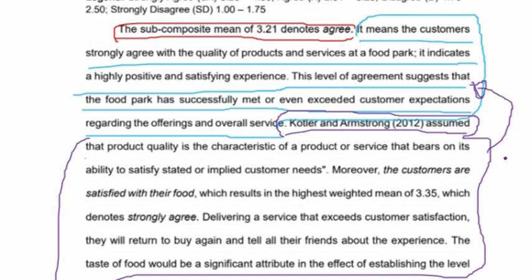Now, what's the purpose of adding supporting studies? The purpose is to strengthen your claims. Again, this is your own interpretation, and if you back it up with related studies or related literature, it will strengthen your claims.